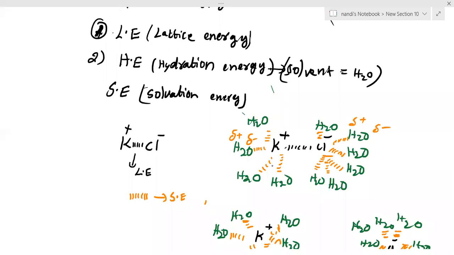Is it clear? Understood? There are only two factors for solubility of ionic compounds: hydration energy and lattice energy, and one more is the temperature factor. That is what we are going to discuss now.